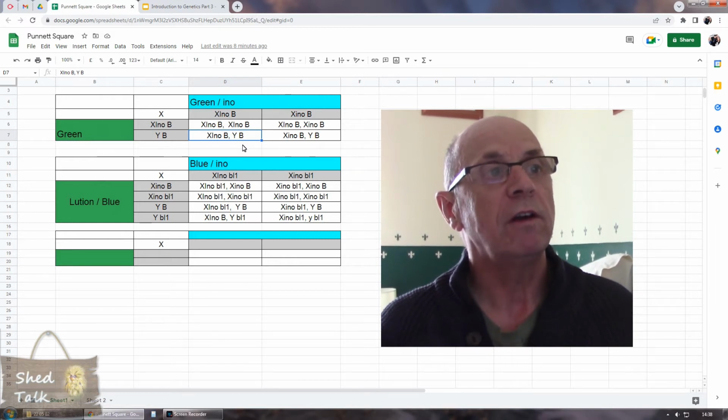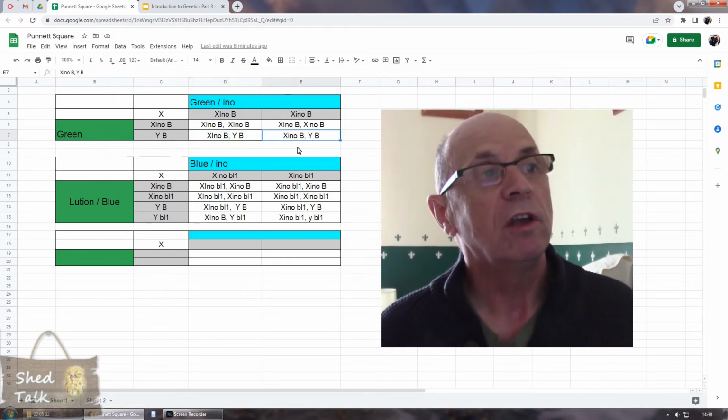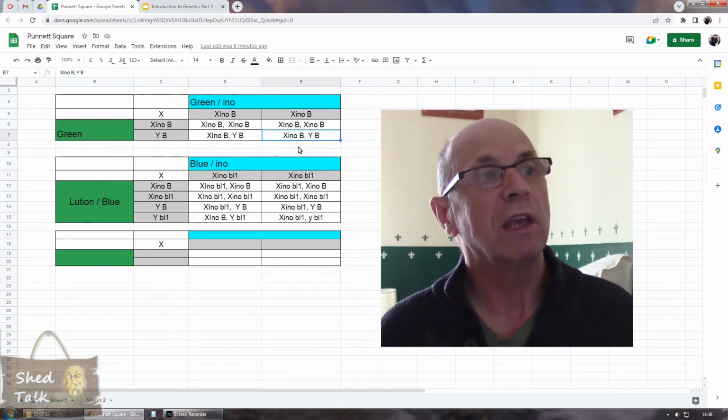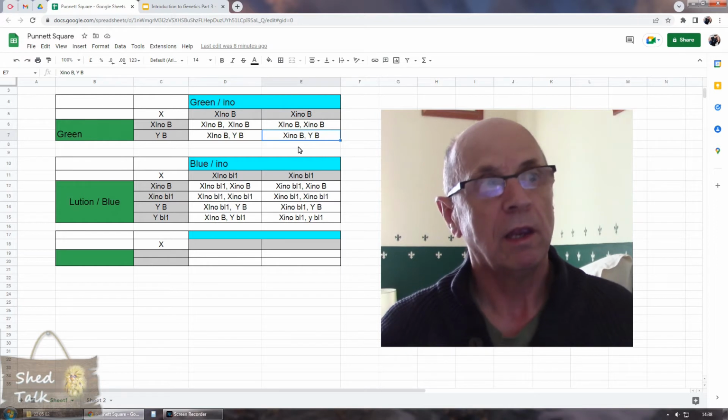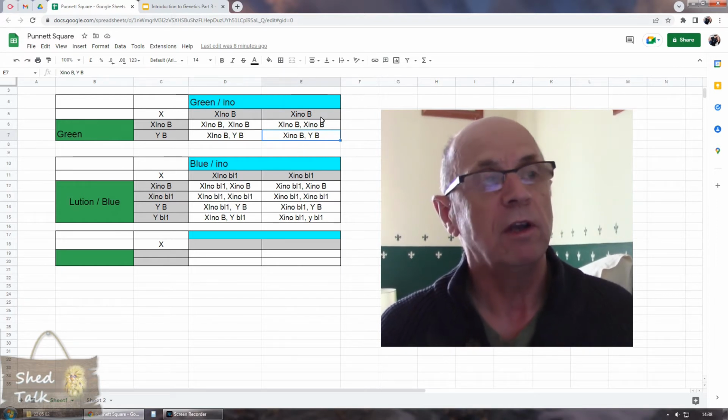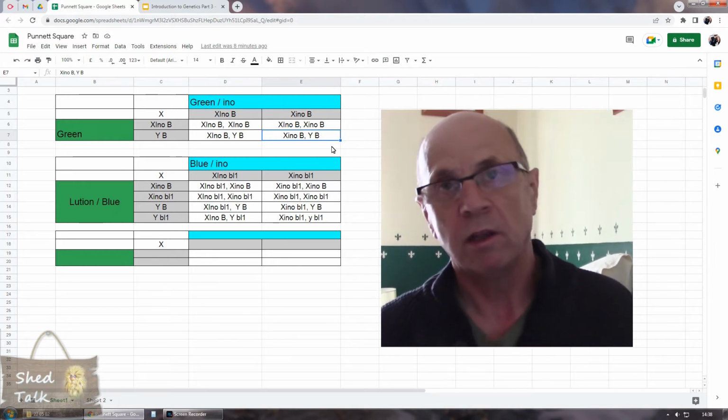Over here, however, you will see that we've got on the X chromosome the mutated recessive INO allele plus the non-mutated blue, and then the Y chromosome and the non-mutated blue.